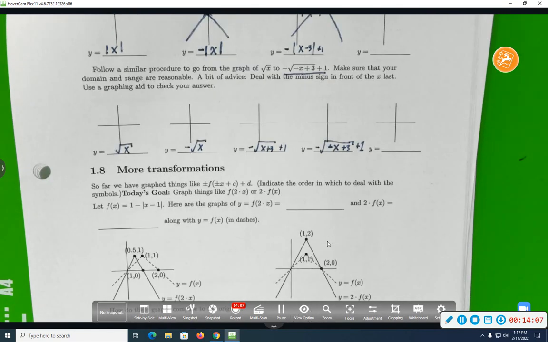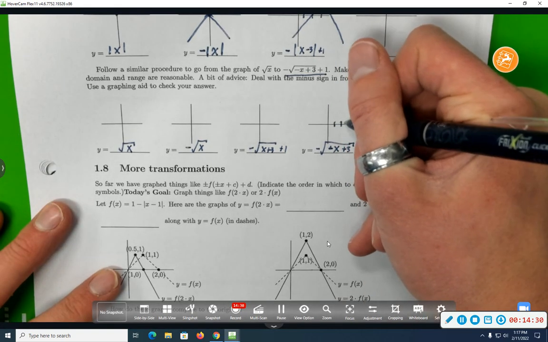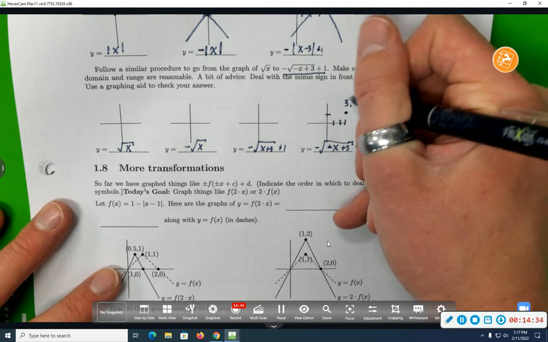So, describe to me the graph that you wound up with. It looks square rooty, right? But it has an endpoint. Where's the address of the endpoint? (3, 1). Does that agree?